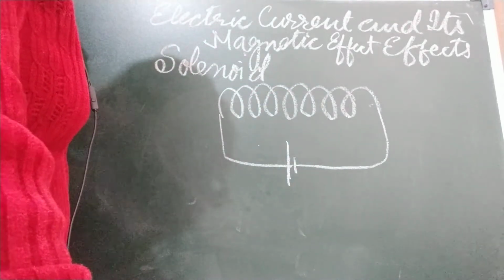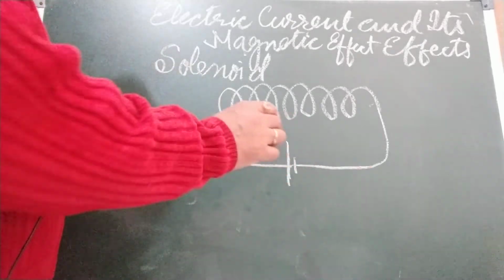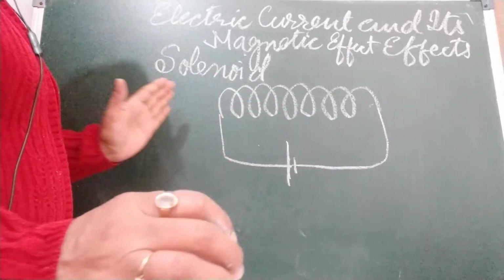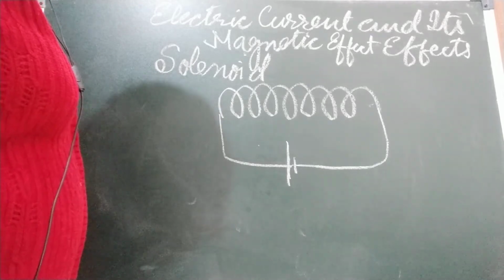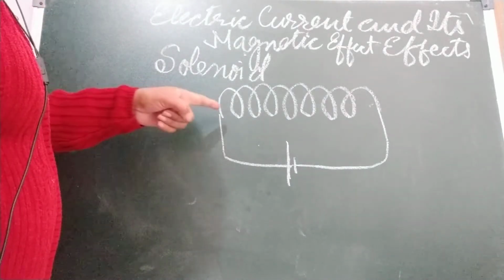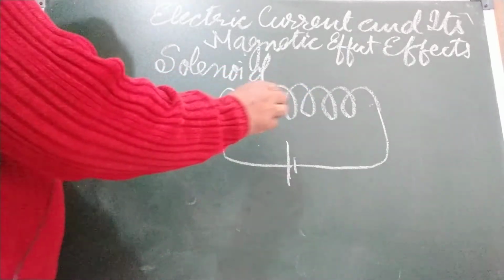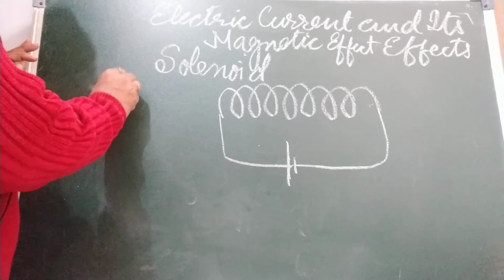We can do one experiment also. What things are required to improve the strength of this solenoid? The strength of a solenoid can be increased by increasing the number of turns. That is the first thing.